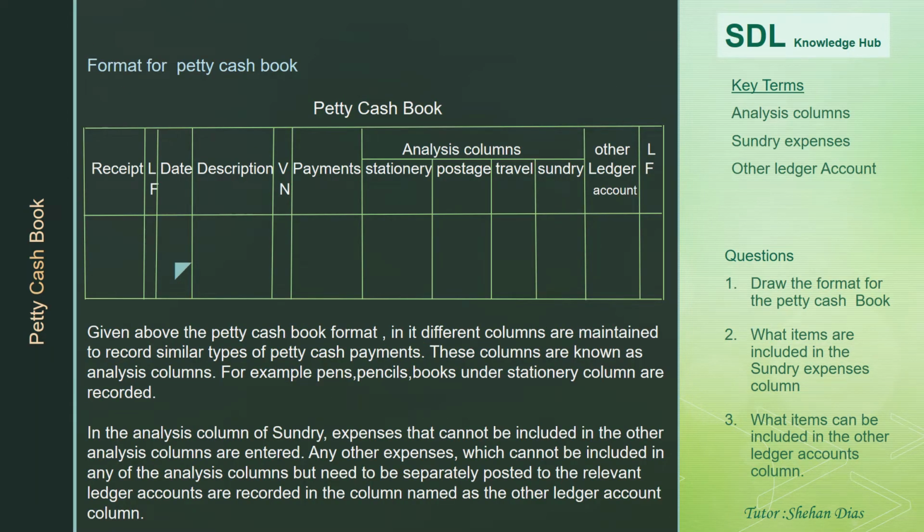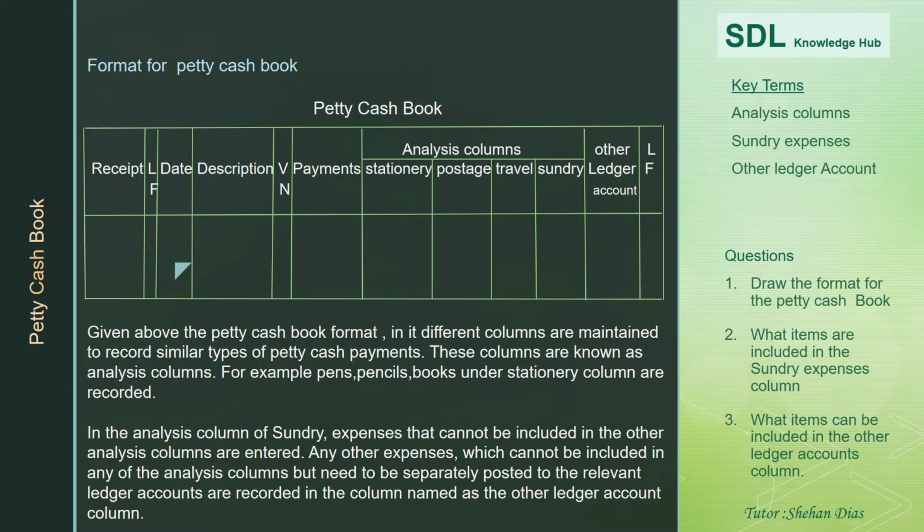Petty cash book format. As you can see on the screen, in the petty cash book format there is a receipt column, then ledger folio, date, description, voucher number, then payments and analysis columns and other ledger account.